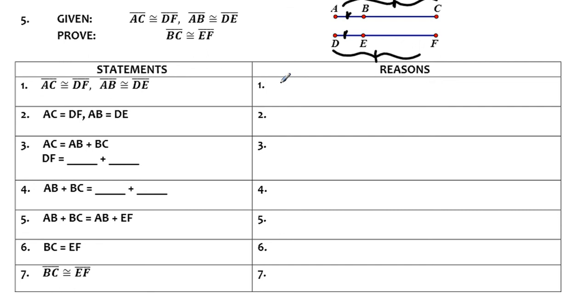So once again, our first thing is always our given. The second statement says that AC is equal to DF and AB is equal to DE. Well, if you look up here, we have these exact letters in these exact orders, but we are changing from this congruent sign to an equal sign. Anytime you change from a congruent sign to an equal sign, it's called the definition of congruent and then whatever you're talking about.